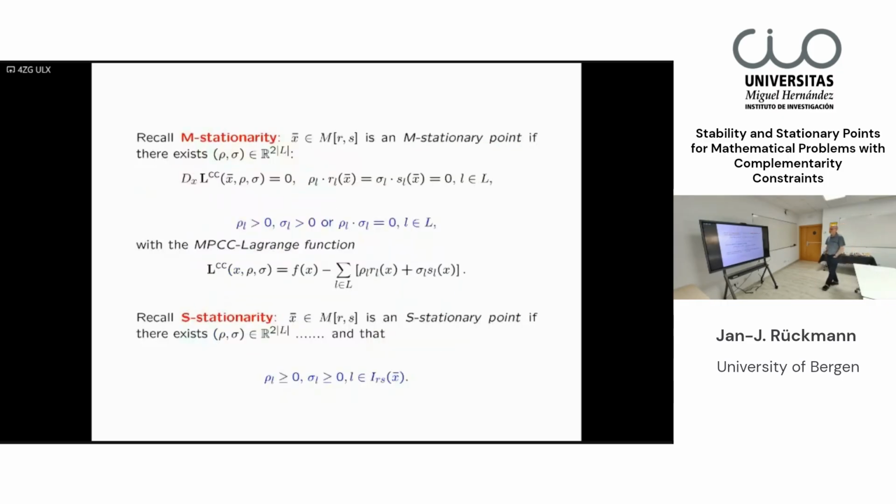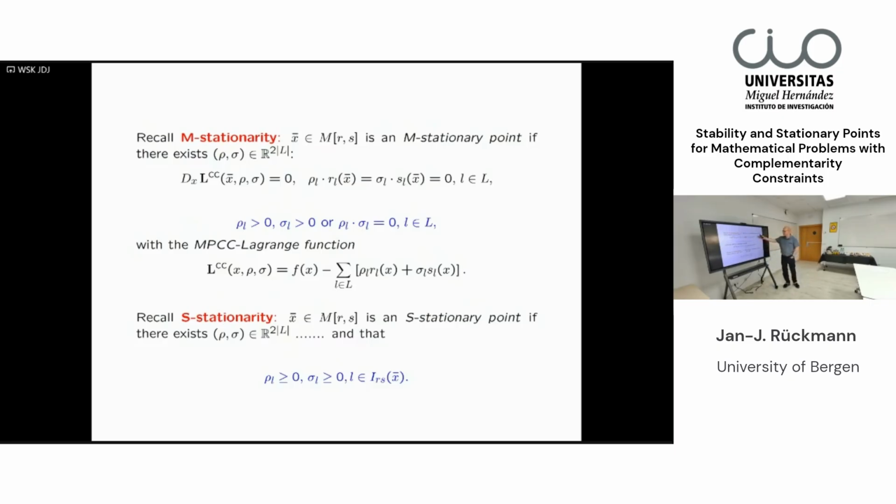Okay. Let us recall M-stationarity and S-stationarity, because if you remember, we looked at generalized equations to characterize different stationarity concepts. So let us look at what it means for these two stationarity concepts, M and S stationarity. You see the definition here, that's the Lagrange multiplier, the Lagrangian. This is standard, that the first derivative with respect to x is equal to 0.